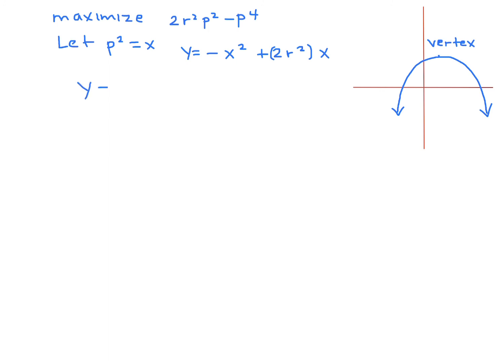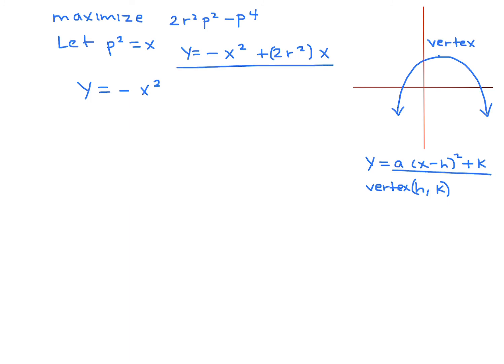Okay, so let's try to do that. And if you remember, to find the vertex, we've got to put it in a form of this type, y equals a(x minus h) squared plus k. If you can put the equation of a parabola into that form, you will know that the vertex is (h, k). And in our case, that will represent the max.